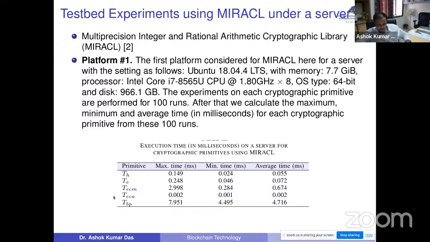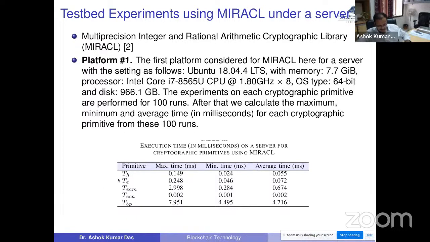Then we have taken each and every primitive, for example, hash functions, modular exponentiations, elliptic curve point multiplications, elliptic curve point additions, bilinear pairing, all these operations. And then we have run each and every primitive 100 times. From the 100 runs, we have measured the maximum time, the minimum time, and then we have taken the average time for our comparisons.